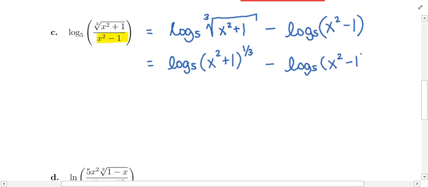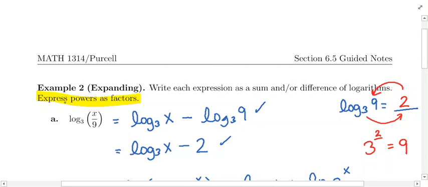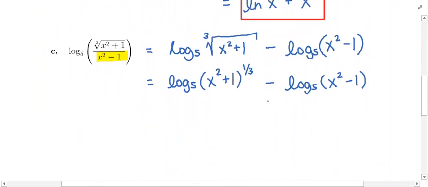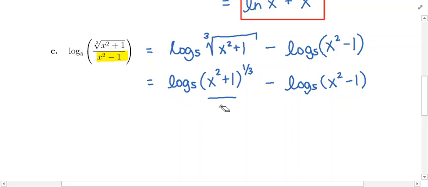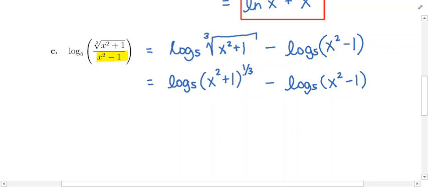Okay, so remember the directions where I told you I was going to talk about this whole express powers as factors business? Okay, what that means is if you have a situation like you do here on the left where you have a logarithm of something to a power, your last step is going to be to bring that power down. Okay, so since we have the logarithm of something to a power, that power can come down in front.